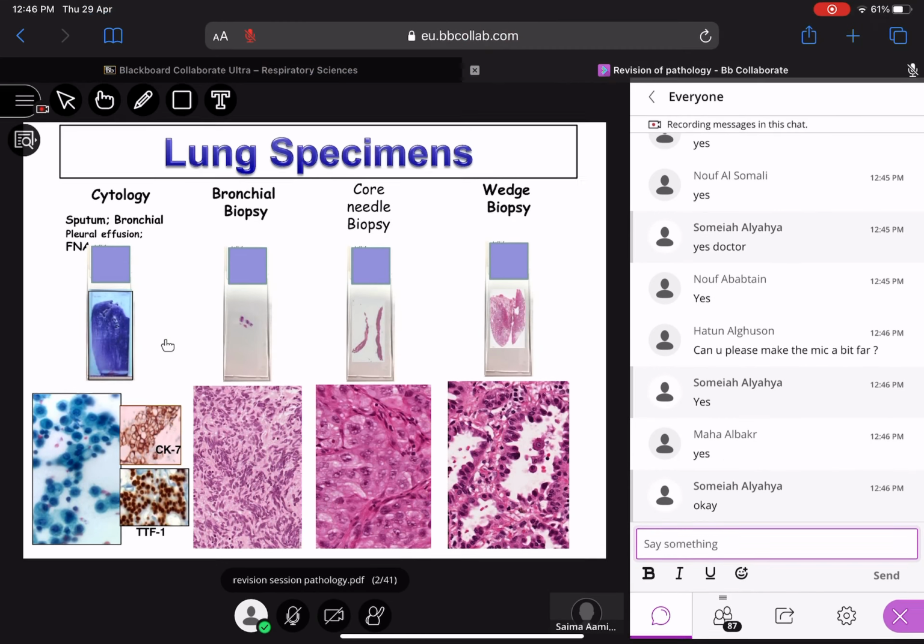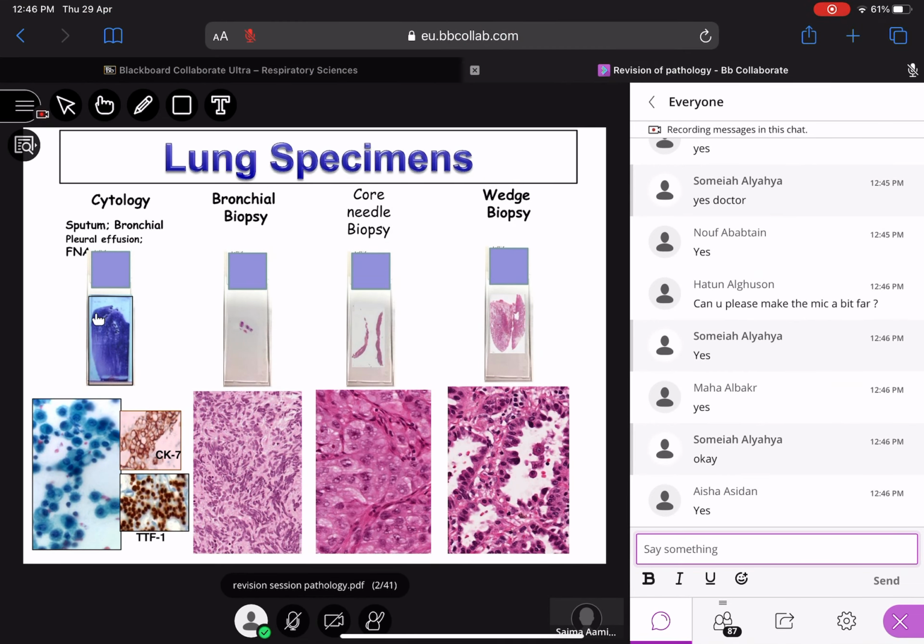So we take different types of samples, among which you can take cytology samples. In the cytology, you can take a sample either through sputum or bronchoalveolar lavage or bronchial brushings. Pleural effusion can be taken or fine needle aspiration cytology.